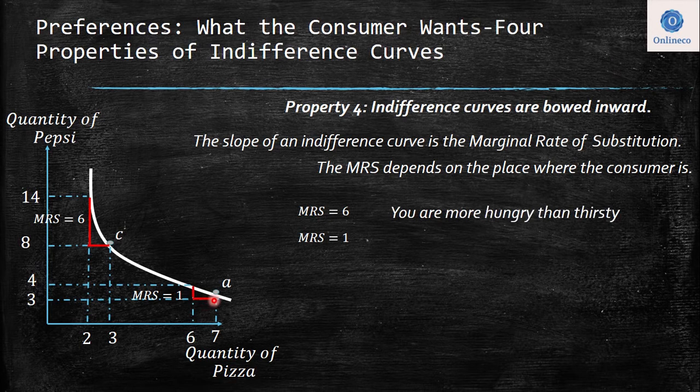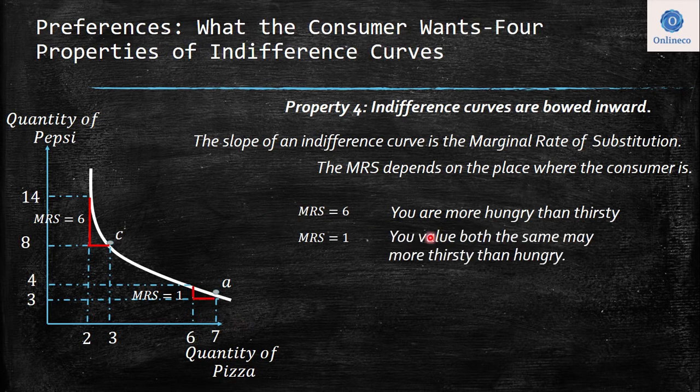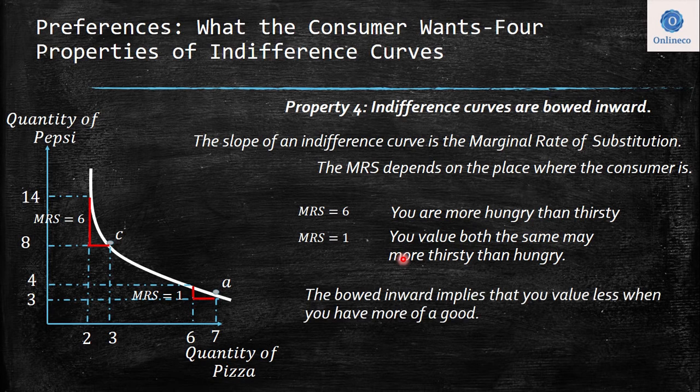So in the first part, you are more hungry than thirsty. And in the second one, you value both the same, maybe more thirsty than hungry. So actually, you are in the same position. Being bowed inward implies that you value a good less when you have more of it.